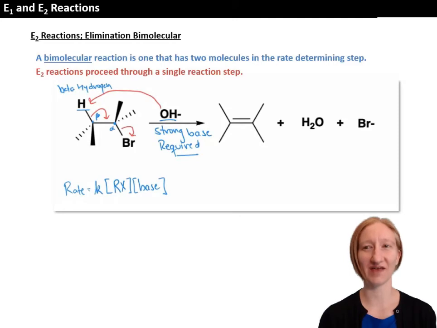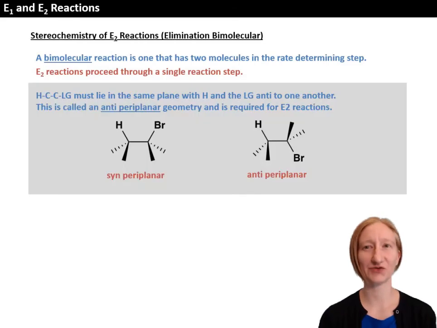Finally, because everything happens in a single step, there are some requirements of how the substrate must be oriented in order for the bond breaking and forming steps to happen at the same time. E2 reactions require what we call an anti-periplanar arrangement of the hydrogen and the leaving group. And an anti-periplanar geometry is one in which the hydrogen and the leaving group are oriented in the same plane.